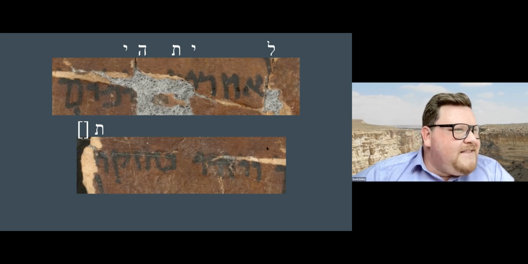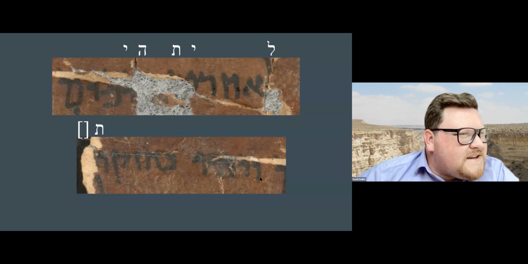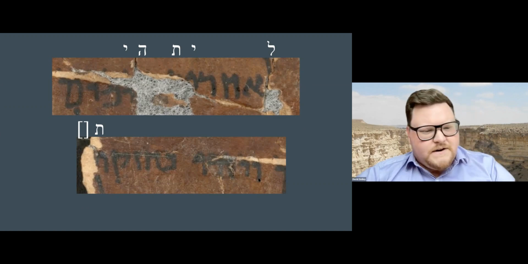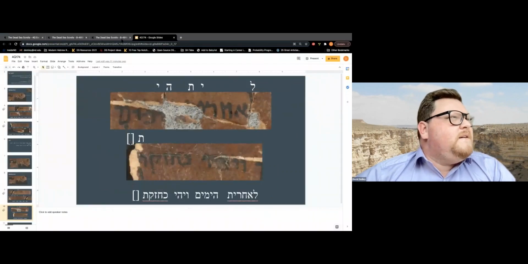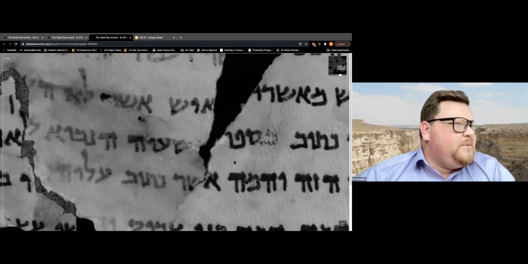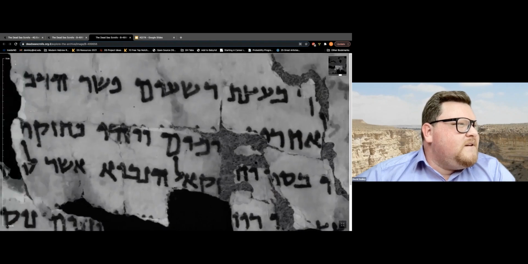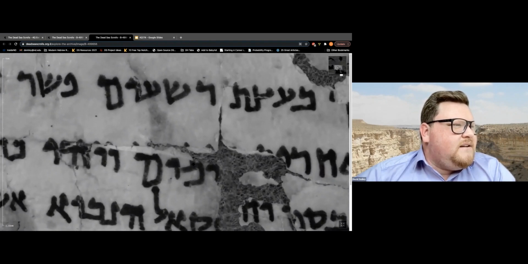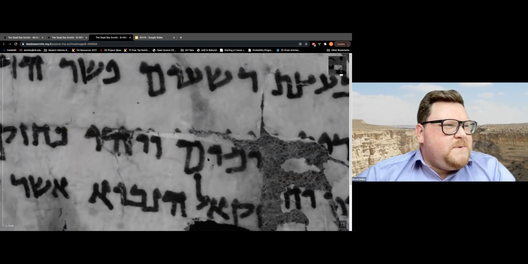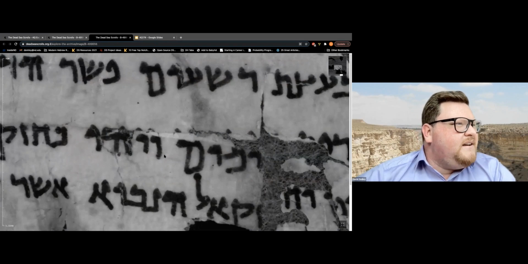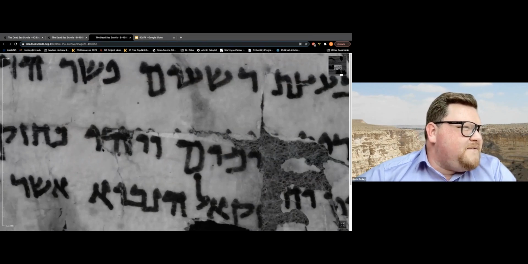Okay, and then we have at the end of the days, this word right here. It's a little blurry, so let's go to the infrared and see if that can help us at all. Here's the Yomim that we had. And then we have these letters right here. That's what we're trying to figure out.